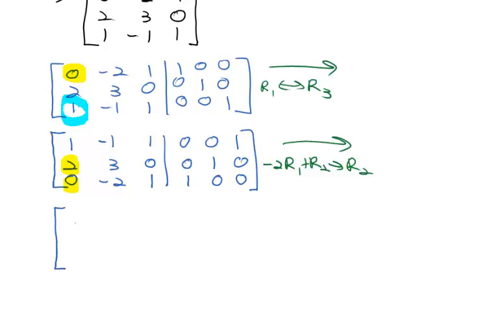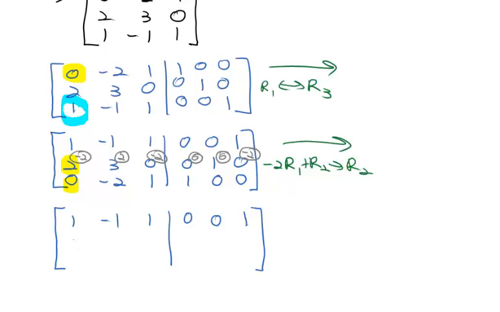When we do that, the top row is unchanged. 1, negative 1, 1, 0, 0, 1. Multiplying by negative 2, so we have negative 2. Negative 1 times negative 2 is 2. 1 times negative 2, 0 times negative 2, 0 times negative 2, and 1 times negative 2.